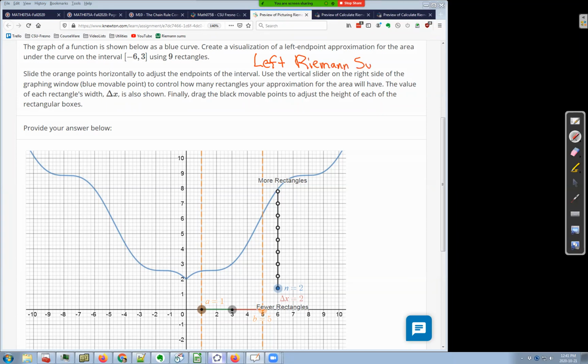So in this section, when you hear the word approximation, it's talking about these Riemann sums. It's talking about rectangles. So it's all about rectangles.